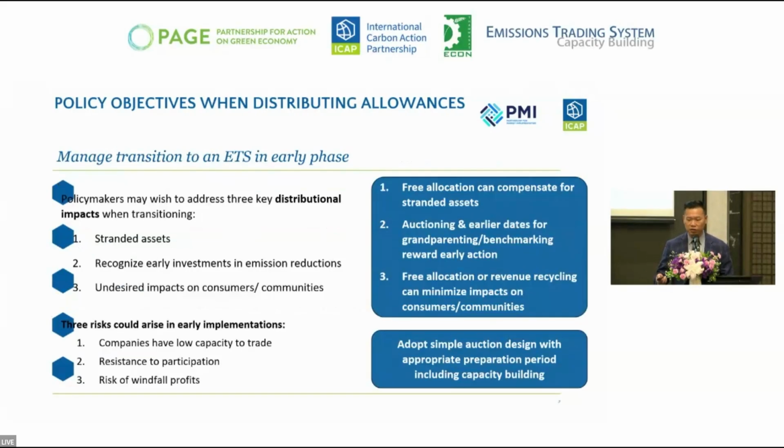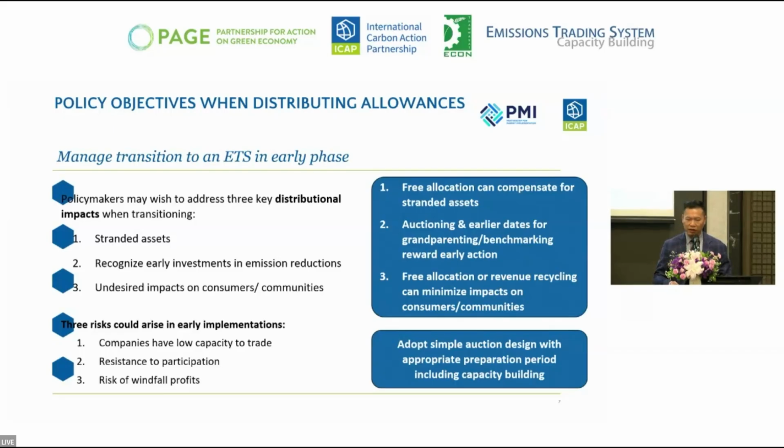And the third objective is to manage the transition to an ETS in the early phase. When we don't have an ETS, those companies have already invested a lot in fossil fuel based industry, and they have a lot of stranded assets already there.